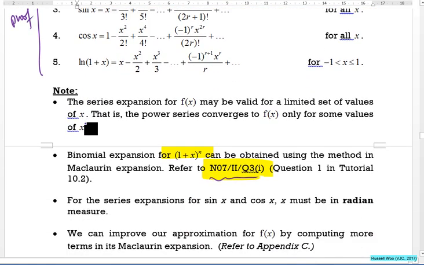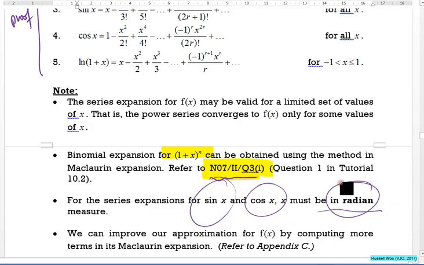I want to emphasize this. For series expansion in sine and cosine, x must be in radians. Now, in fact, I don't know whether you all have gone through tutorial 8. For all ideas in differentiation, integration, calculus, all your angles must be in radians.